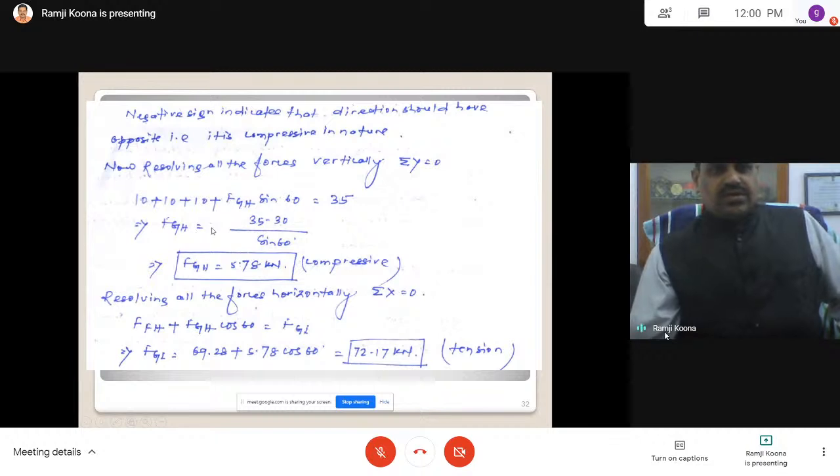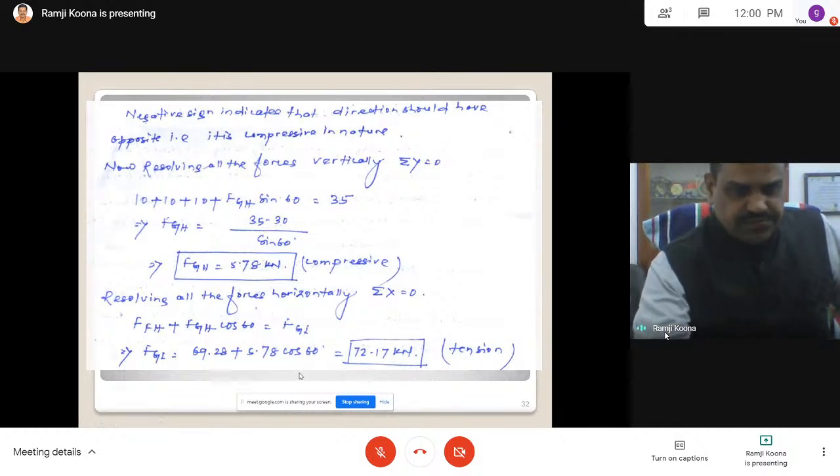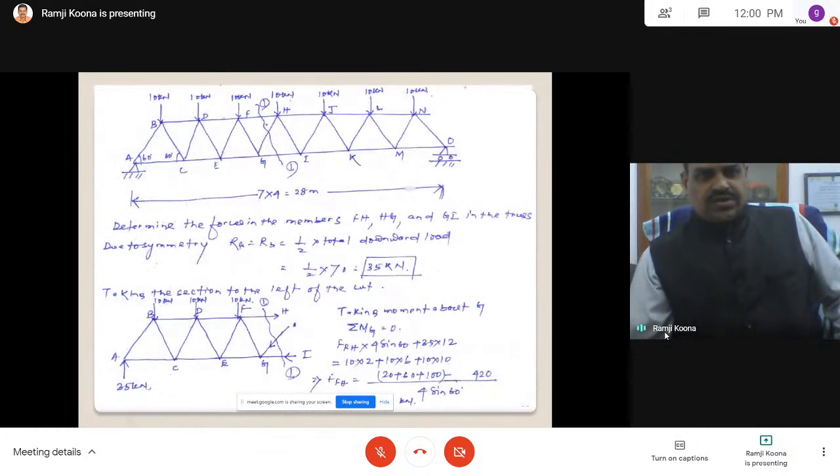So we got 35 minus 30, and this is actually a negative value. That's why it is compression. Here I have not put the negative, but assumed it as compression, because when you move this to the right-hand side it is a positive one. But the assumed direction is compression, which is what we have considered.